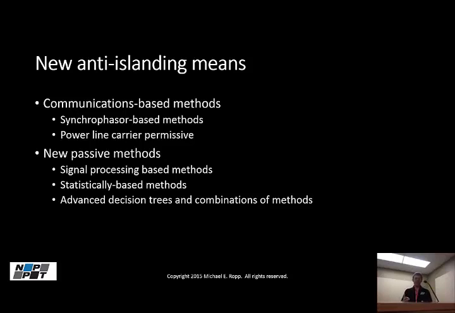With the synchrophasor-based methods, we've had very, very good sensitivity and selectivity. What that means is that this correlation-based method doesn't miss islands. It is very good at catching islands. It's also very selective. It doesn't false trip when there isn't an island. For example, if there's a loss of generation, the frequency dips on the system, if we have local switching events, this method has worked very well in all those cases.